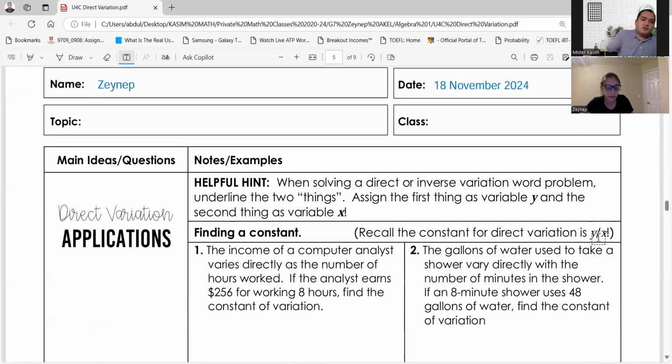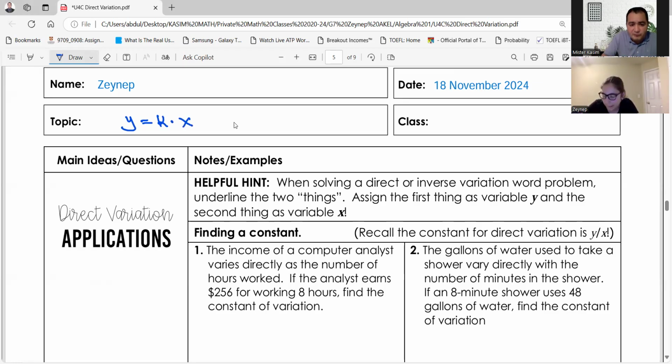Okay, Zainab, now we will focus on this equation again. Our equation is y is equal to k times x, right? From this, to find the constant of proportionality, k is a constant number, y divided by x.